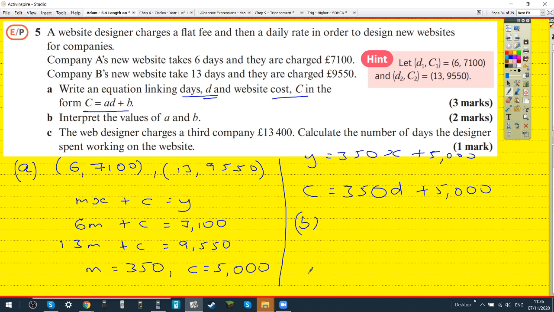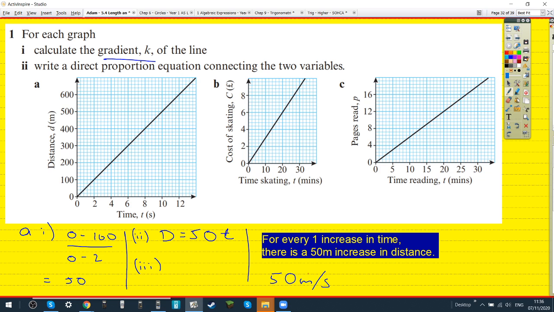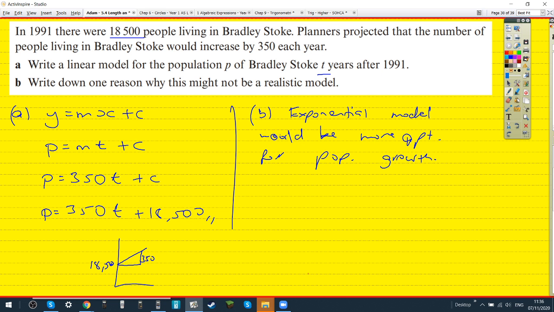So would B be written as when 350 days have passed plus 5,000 to the cost? No. So what would be an interpretation of 5,000? Our C for the previous one was 18,500.